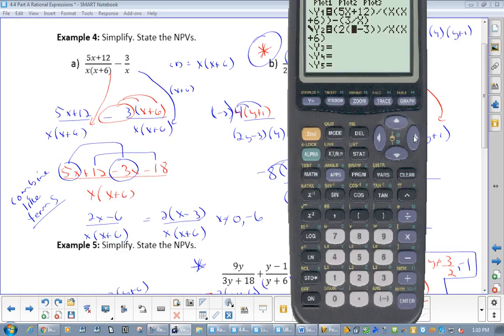Two bracket x minus 3 divided by x. Yeah, let's try that.